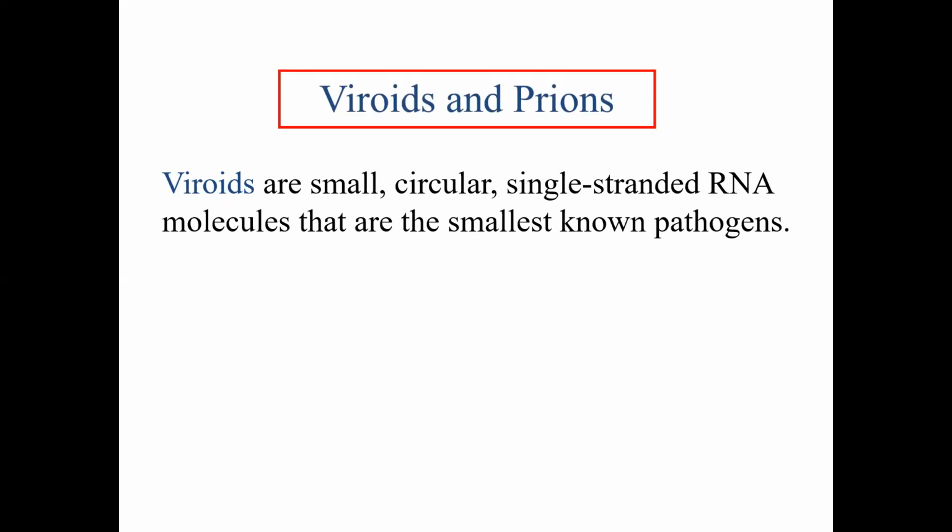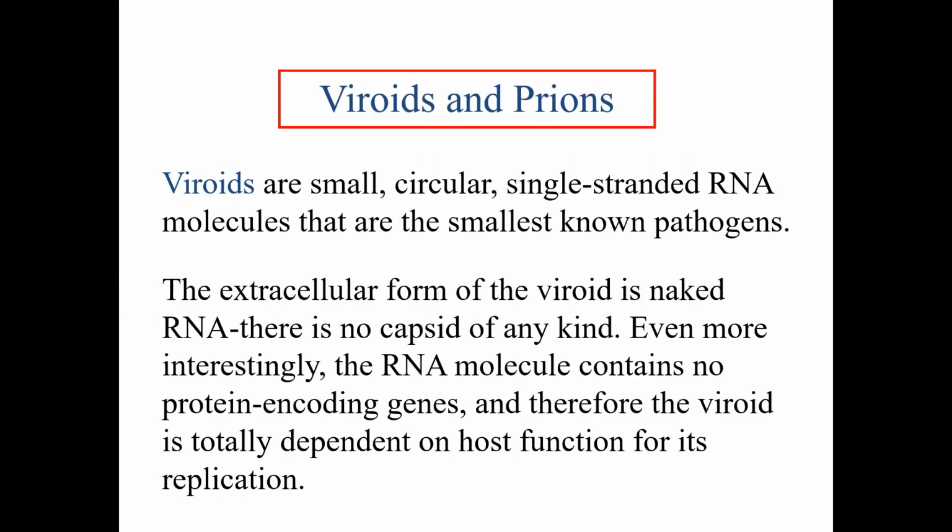Viroids and prions are structures, well, viroids, as we know, are small circular. Virions are another term used for description of viruses. Viroids are similar to the structure of viruses.